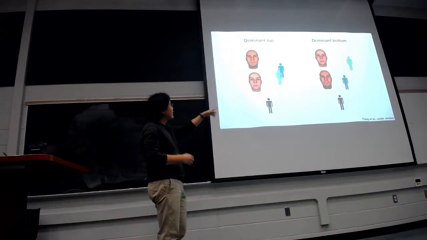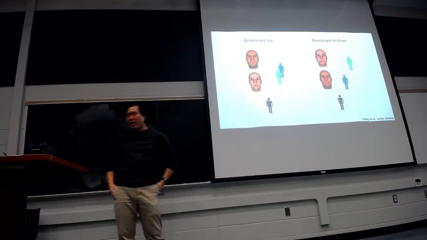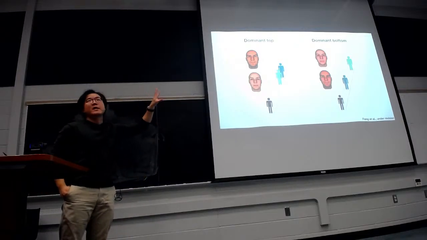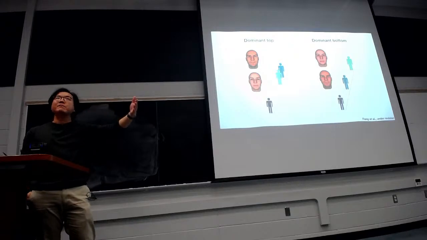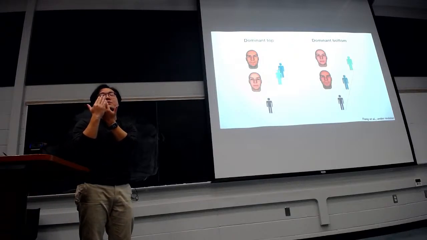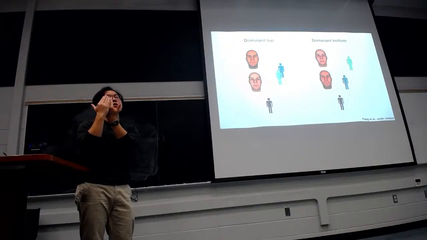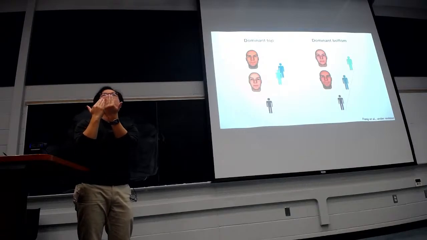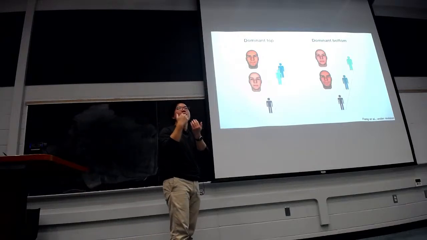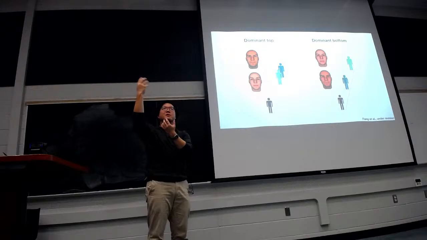You can see on the right all these schematic figures. If the dominant face is at the top and the submissive face at the bottom, the distance between the two faces should be closer. Therefore the illusion should be much smaller as compared to when the dominant face is at the bottom and the submissive face at the top, right?